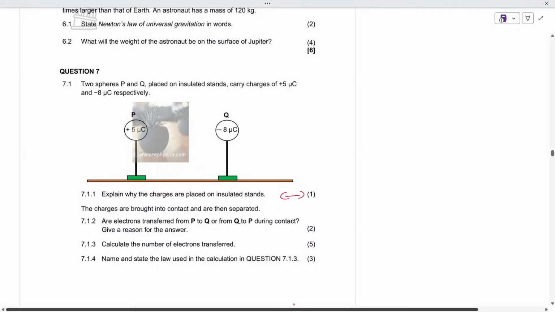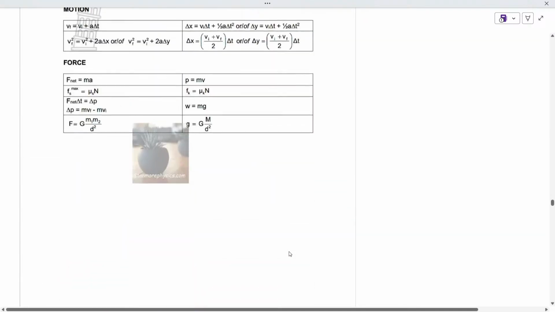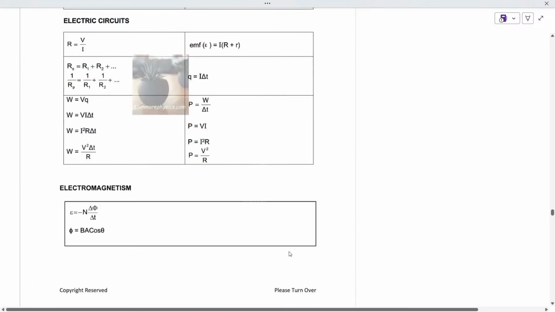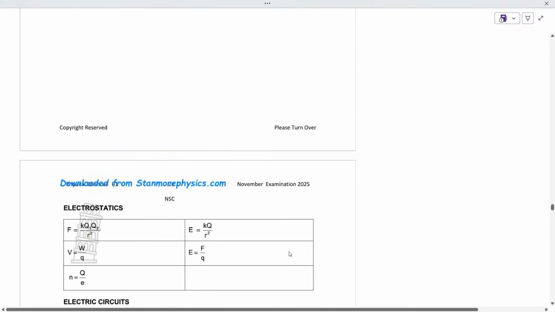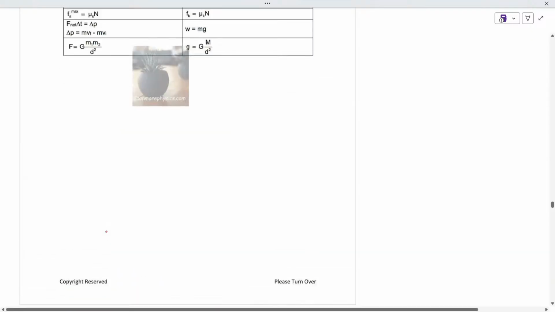Yes, you are going to use that same concept, but we first have to find the change in Q. Let me check if there's a formula sheet here. Okay, there it is. So n equals Q over q e, we are going to use this.